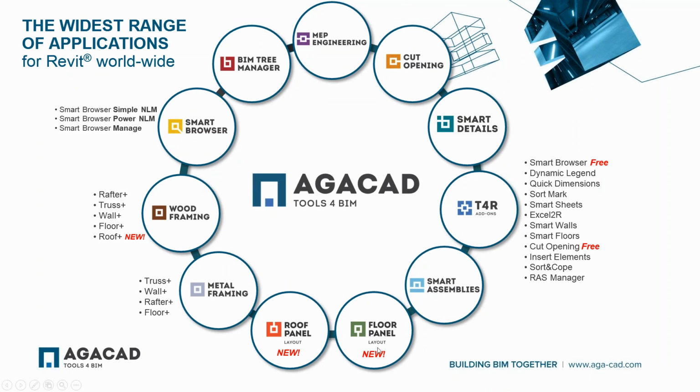And actually we have done totally the same for the floors. So you can split the floors into floor panels and then frame them using Floor Plus, let's say. Or you can use floor panel layout for making not just wooden prefabricated panels, but also concrete panels if needed. So we have added even 3 new products into our product list.